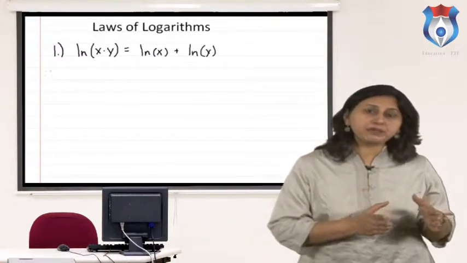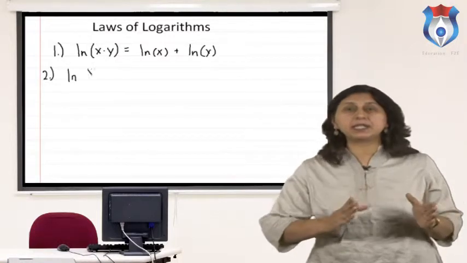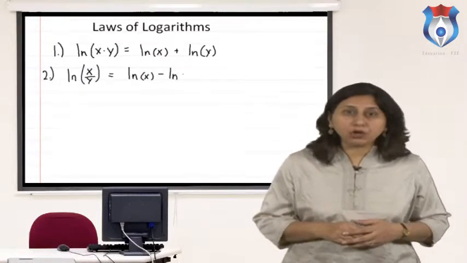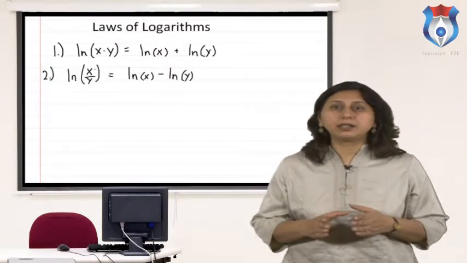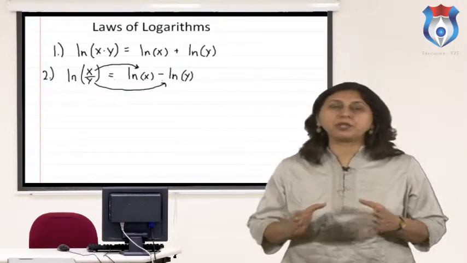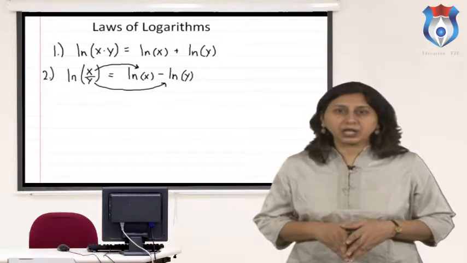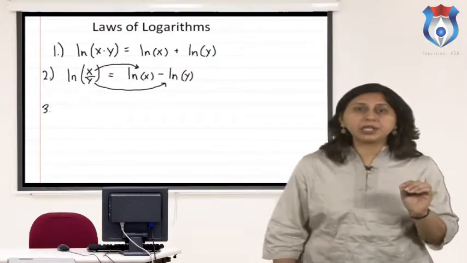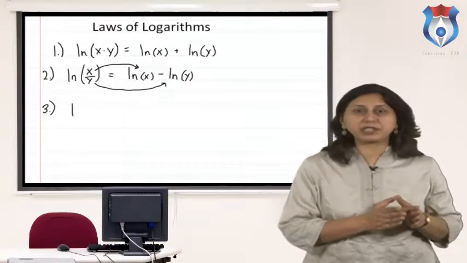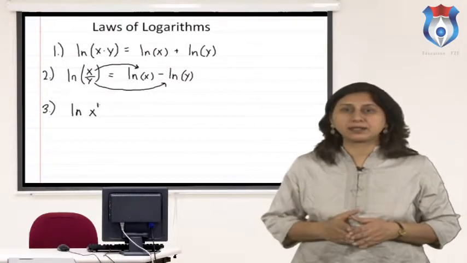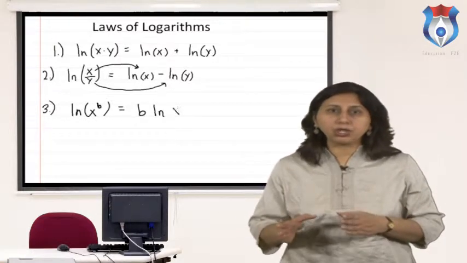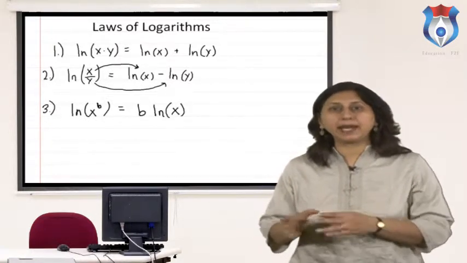Since the term logarithm is merely a substitute for the term index, the laws of logarithms can be easily deduced from the laws of indices. Logarithm of the product of two numbers is equal to the sum of the logarithms of the numbers to the same base, that is, log mn is equal to log m plus log n.